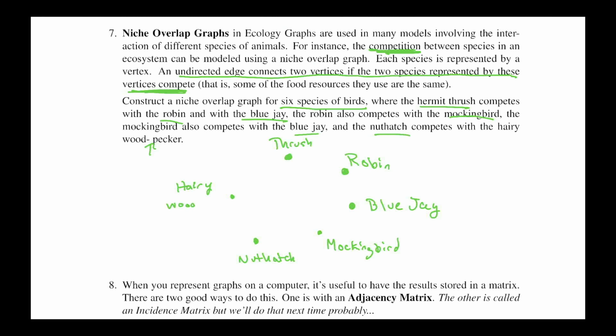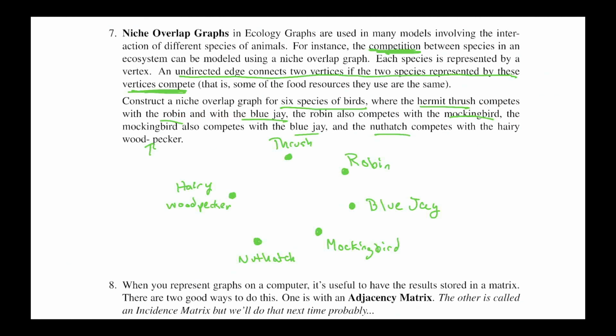Interesting names they have chosen. Again, straight out of the book. I didn't invent them. All right. So there are our vertices, and then we just draw edges wherever we are told that they will compete. So you just start back at the beginning here. Hermit thrush competes with the robin and the blue jay.